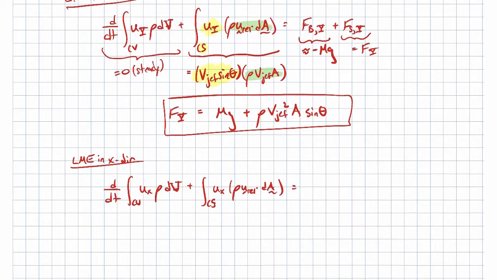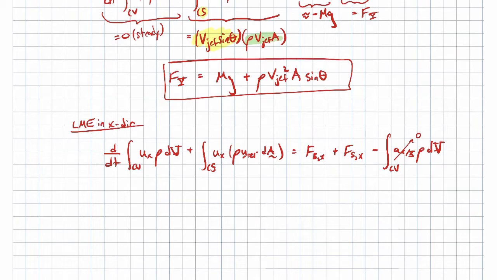And because my coordinate system is inertial, I don't have to worry about any acceleration terms. Even if I put that in here, let me put it in for a second. Here's the linear momentum equation with the acceleration term in it. This is the acceleration of my coordinate system with respect to an inertial coordinate system. Since my coordinate system is not accelerating, this term would just be 0, so it won't show up.